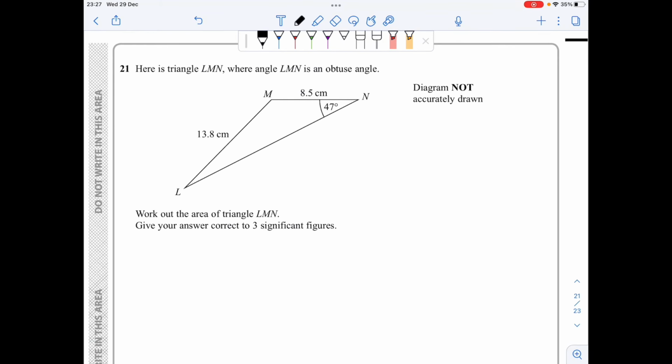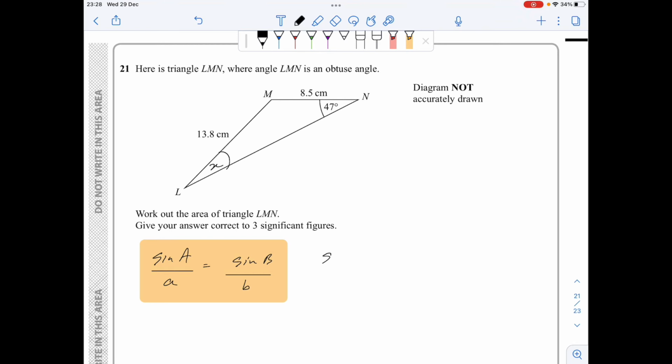In this question, I'll start by finding this angle here, which I will label x. To do so, I will use the sine rule, which states the following. Note, instead of a and b, I am using n and l.